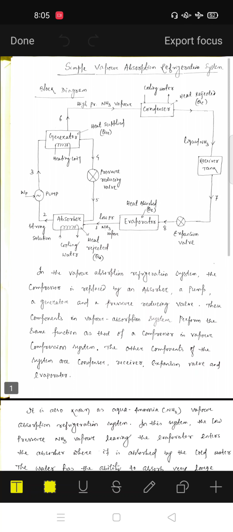You can see here, this is point number 1, where the low pressure ammonia vapor leaves the evaporator and enters the absorber, where it is absorbed by the water. Means water is the absorber and ammonia is the absorbent.